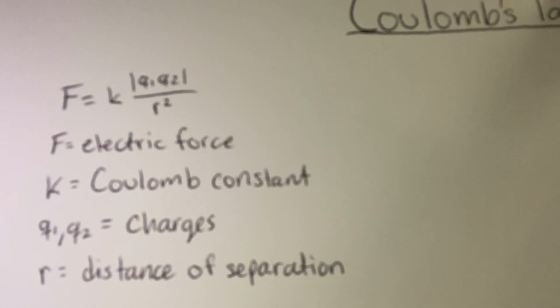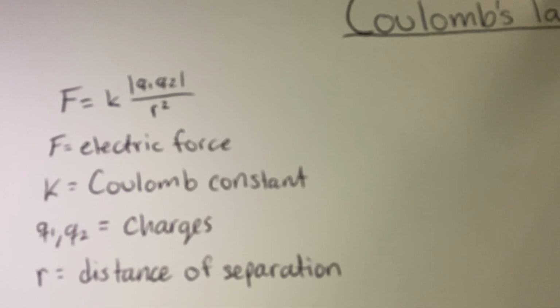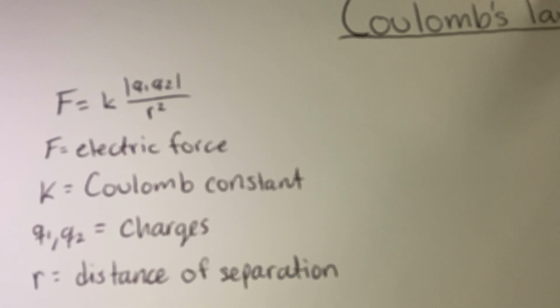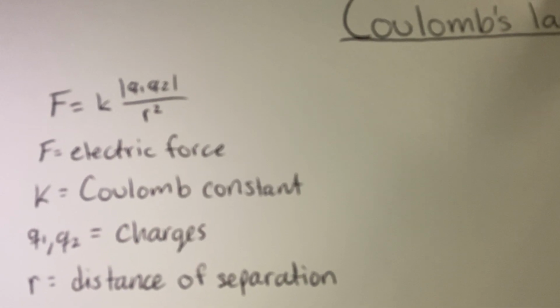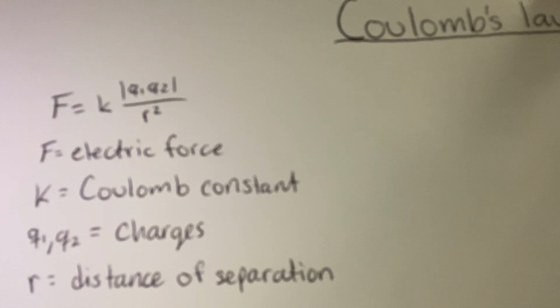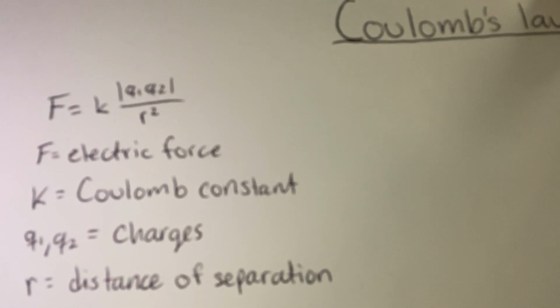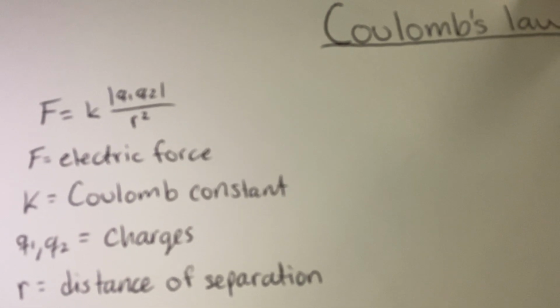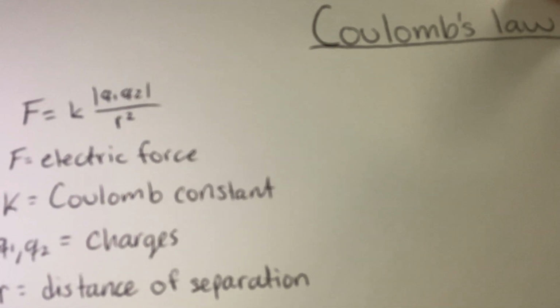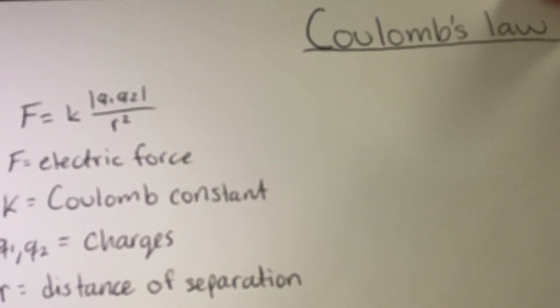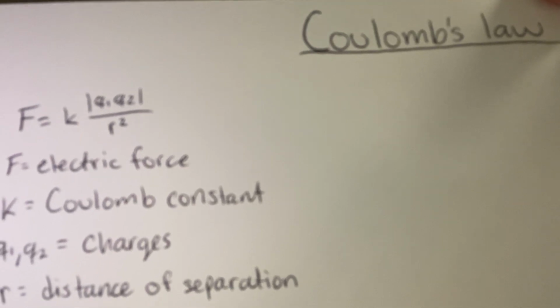And as you look at the relationship, for Q1 and Q2, we're looking at the absolute value of that product, because if Q1 were positive and Q2 were negative, meaning opposing charges, we know the resulting force would be attractive. The two objects would attract to each other.